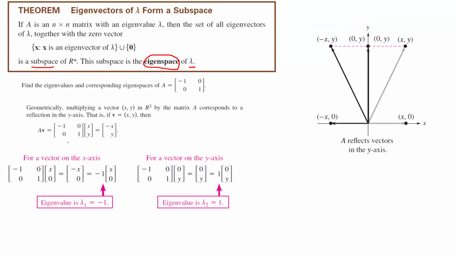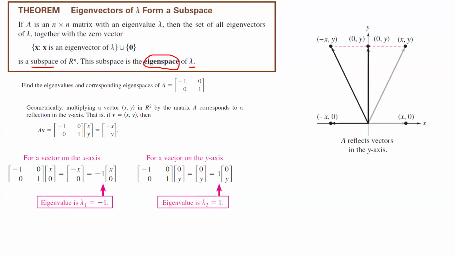We can verify that algebraically as well. Negative 1, 0, 0, 1 times x and y gives you negative x and y. Negative 1, 0, 0, 1 times x and 0 is equal to negative x and 0. If you factor out negative 1, you create the same vector x and 0. So the eigenvalue is lambda equals negative 1.